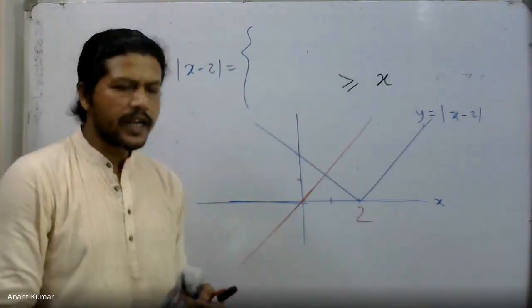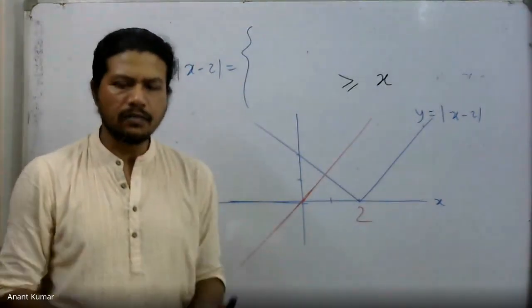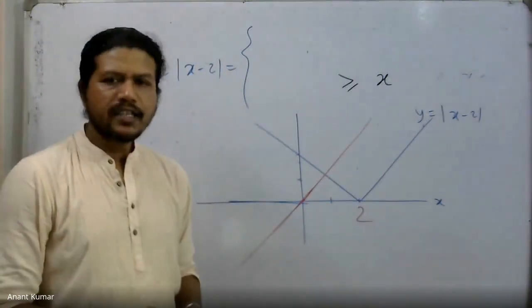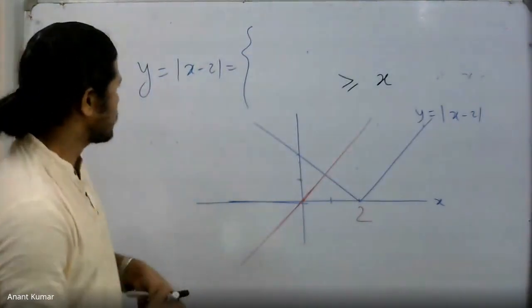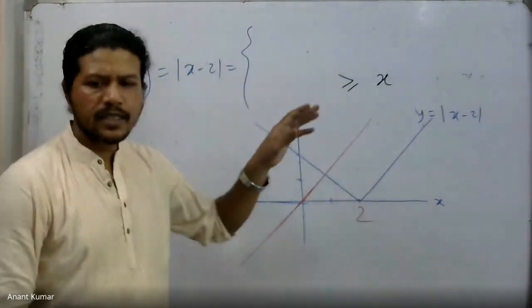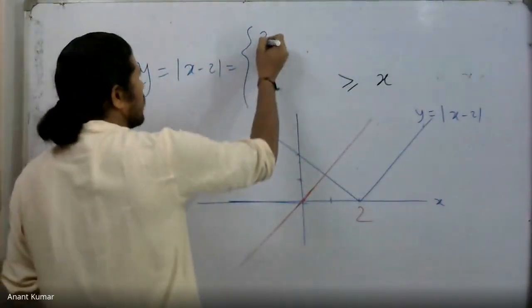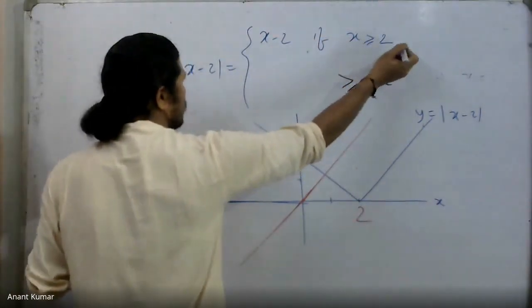So whatever is inside the mod, if it is positive, then the mod of that thing is simply that number. In this case, x minus 2 is positive when x is more than 2. Therefore, y equal to x minus 2, which implies the right side now becomes simply x minus 2 if x is more than or equal to 2.